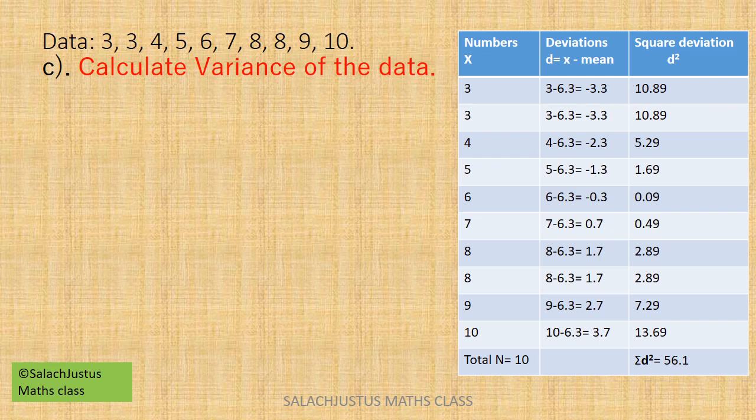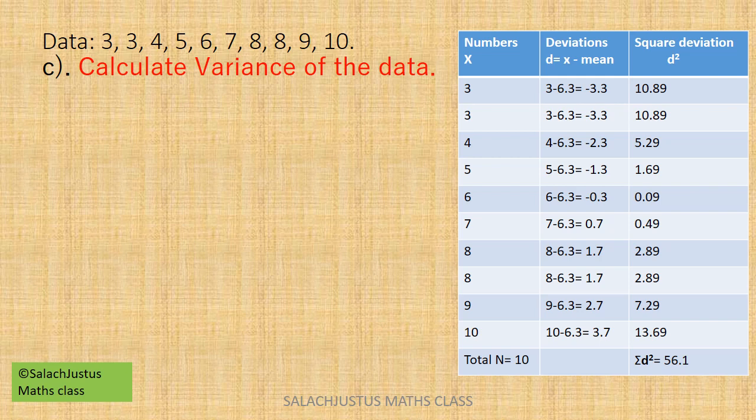The second column is where we have the deviations from the mean. In this particular question, I have solved it using the actual mean, as we're going to see. So x minus the mean means x, which is our number, minus the actual mean, which is 6.3, and we get all of them. Notice that there are negative deviations as well.